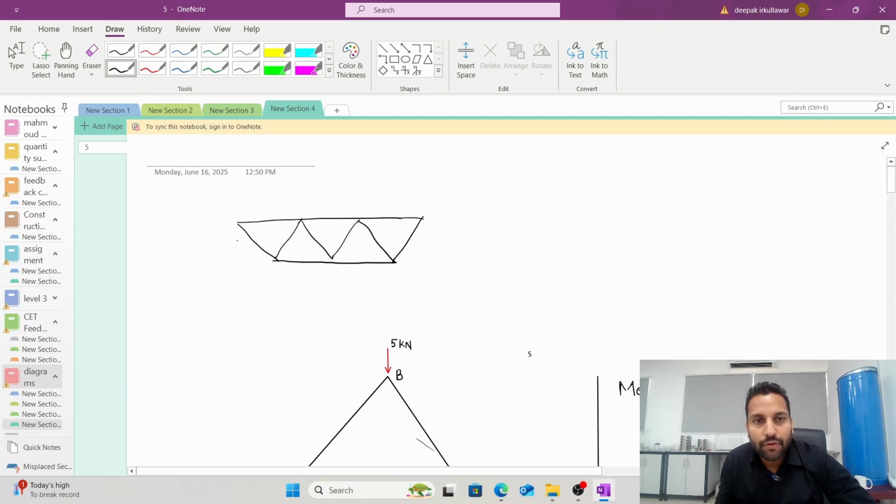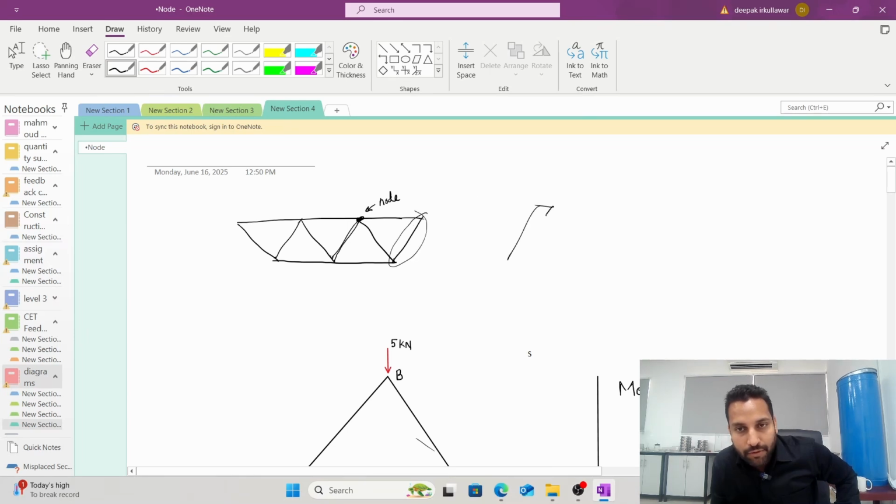Trusses are formed by members connected to one another, and these points where they are connected are known as nodes or joints. These nodes and joints are generally pin jointed, and hence there is no movement at these points, and trusses would only have axial forces. The members would only have axial forces.